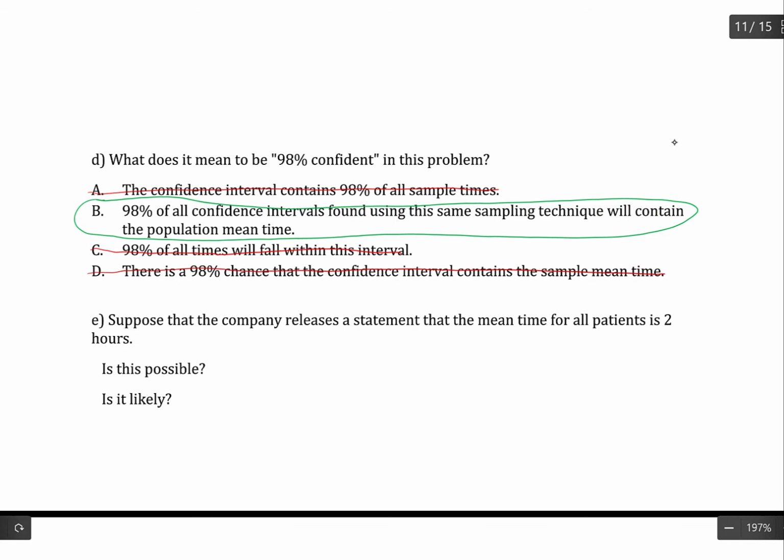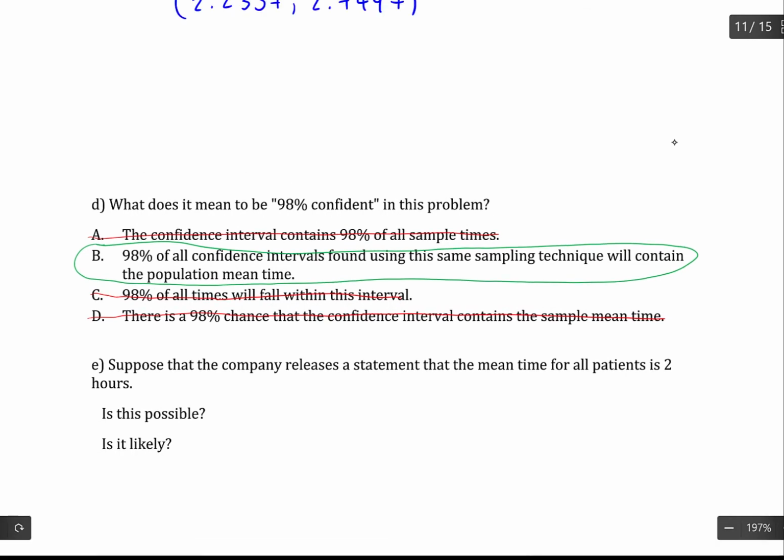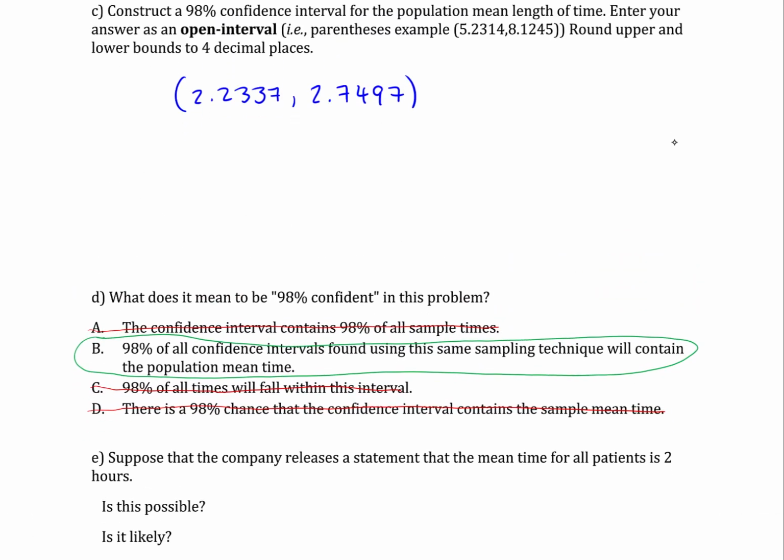Lastly, suppose that the company releases a statement that the mean time for all patients is 2 hours. Is this possible, and is it likely? Well, let's take a look at the confidence interval. So the confidence interval says, we have a 98% confidence interval of 2.2 to 2.7.